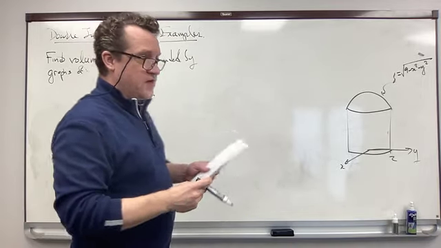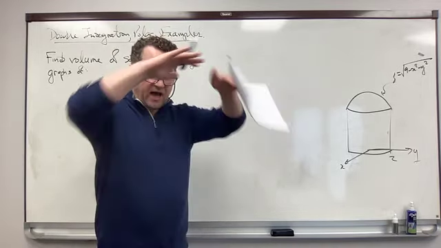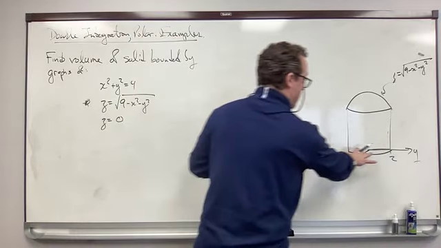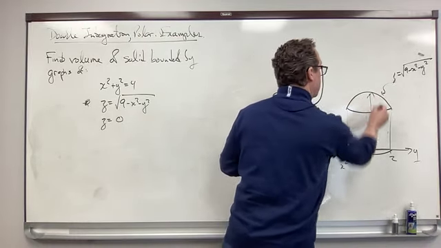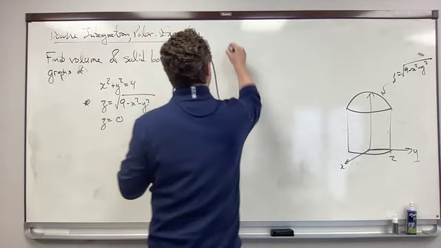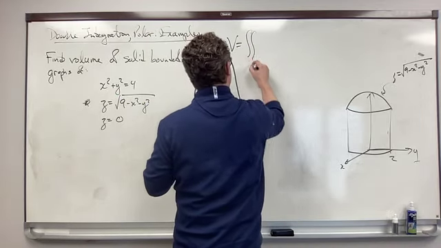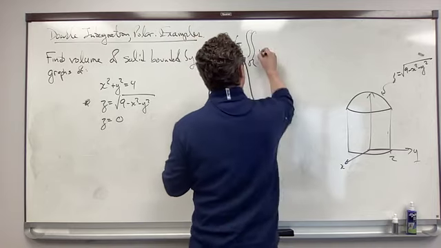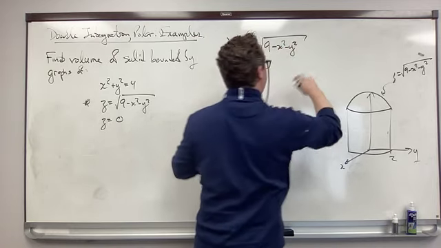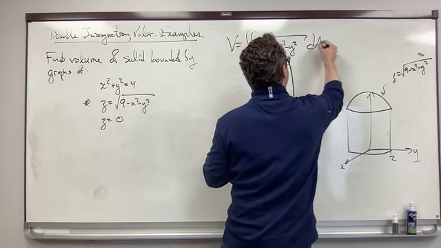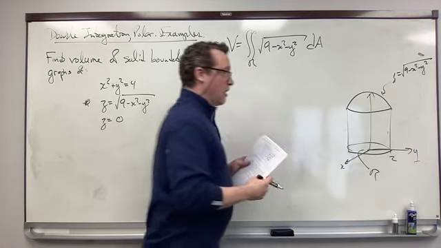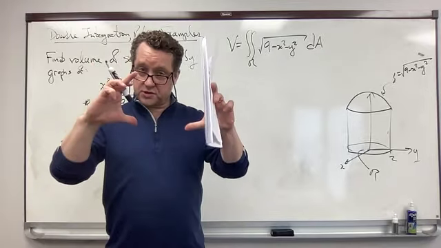So if we want to think of the volume of something as a height over a floor, the floor is going to be in the XY plane, and we have a natural varying height above that. So I want to calculate the volume as the integral of this dome, which is the height over the floor, where the floor is R, and R is this circle of radius 2.